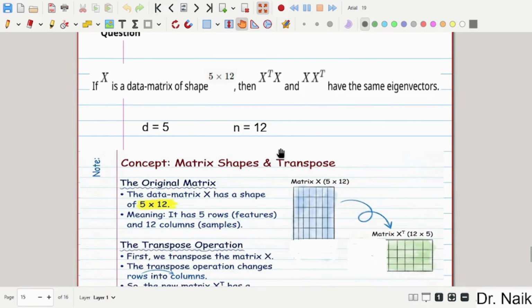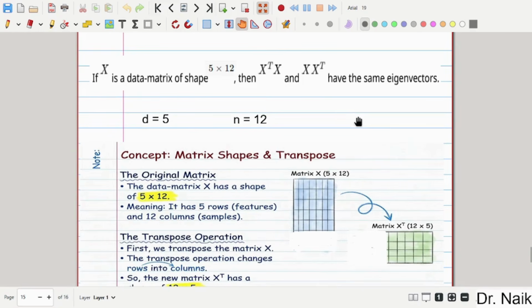Now consider another question. If X is a data matrix of shape 5 cross 12, then X transpose X and X transpose have the same eigenvector. Answer it as true or false. Now consider D as 5 and N as 12.